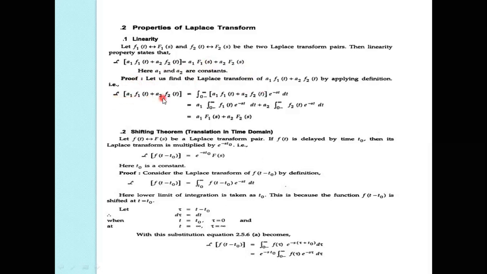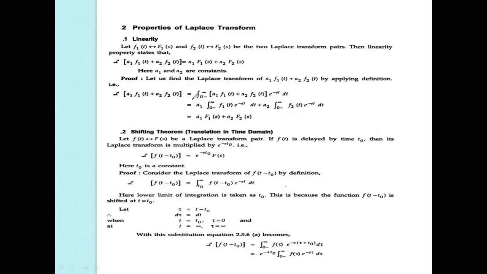let the Laplace transformation of a1 f1 of t plus a2 f2 of t be the input signal. According to the definition of Laplace transformation, integral, it is not 0 minus, my students, it's minus infinity only. The properties we are taking here are all for the bilateral Laplace transformation, not for the unilateral.